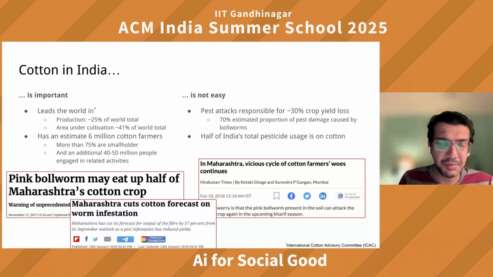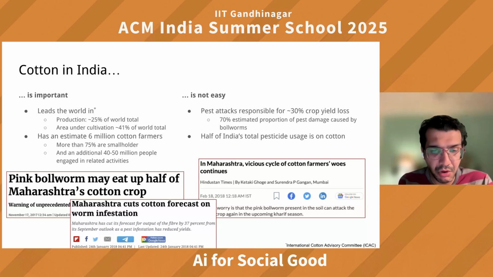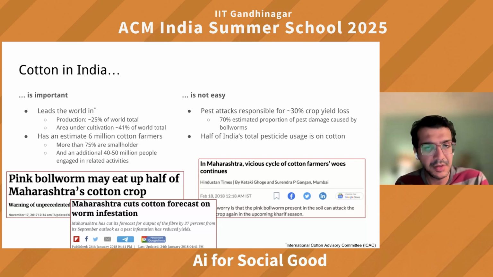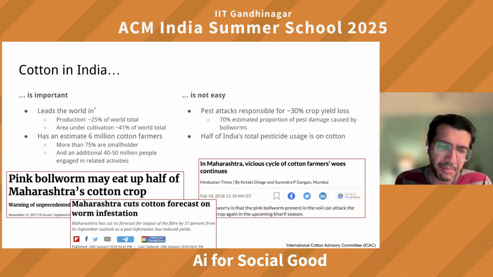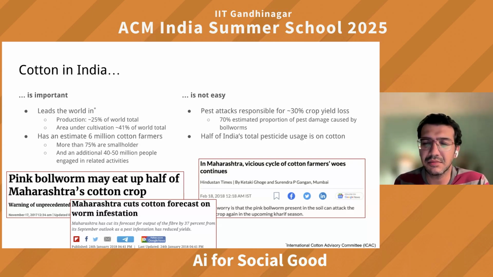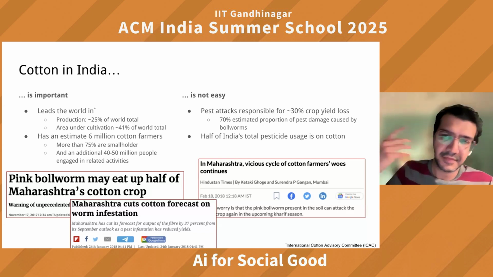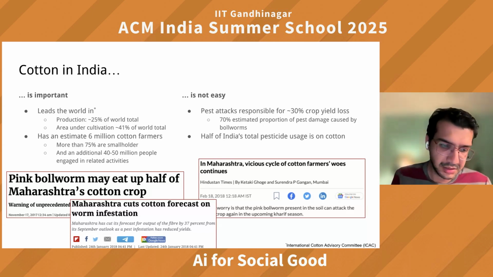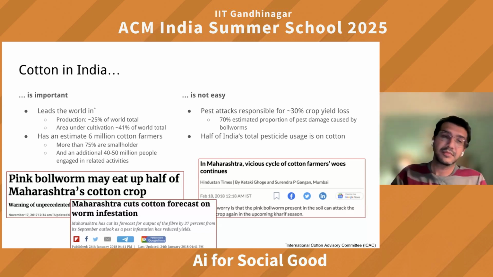Just to give you a scale, there are about 6 million actual cotton farmers in India. Most of them are smallholders. Smallholder here means they have land of small size, but more importantly, this is their major source of income. So if the yield is not good, then they go into a debt spiral, right?